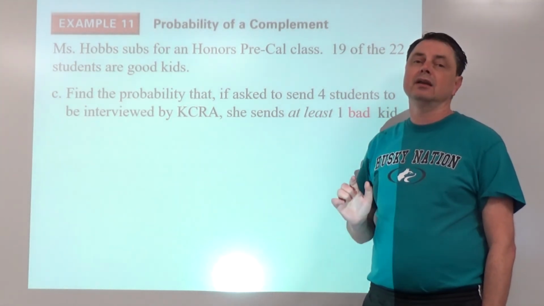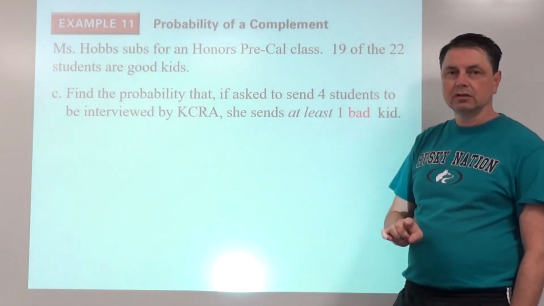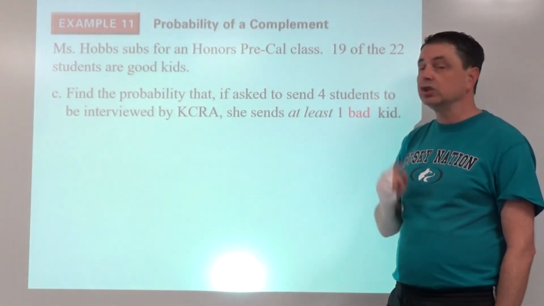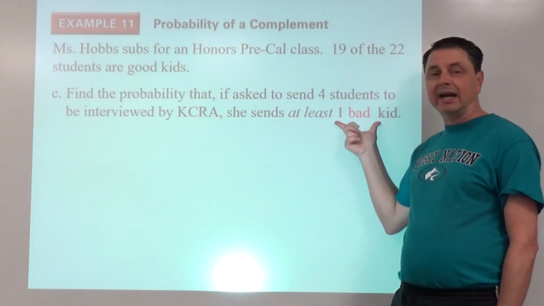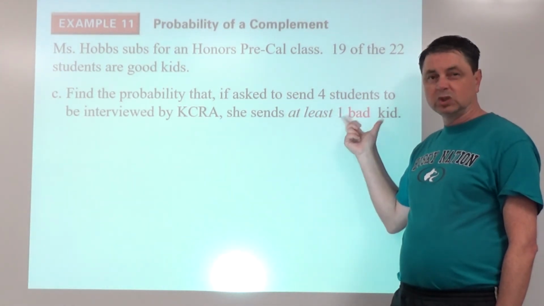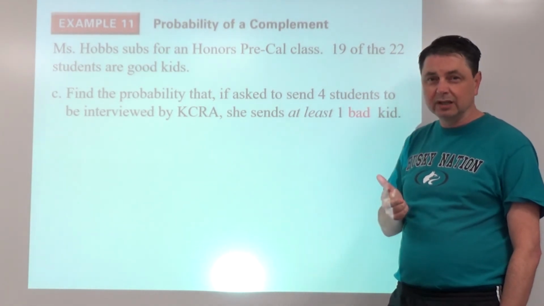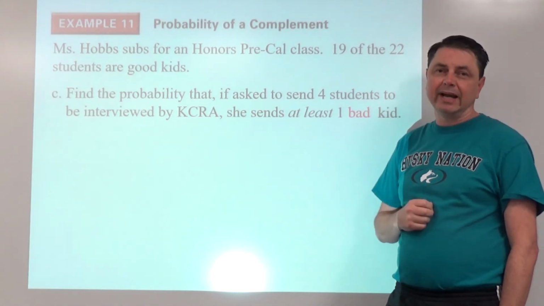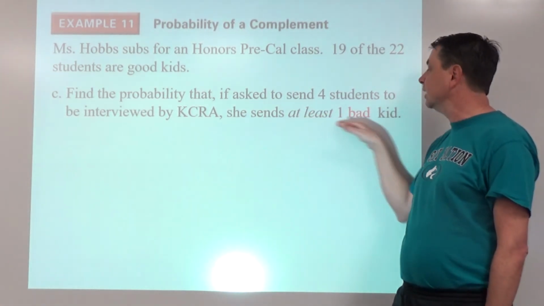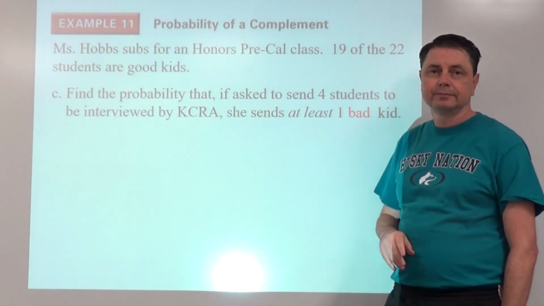We could do that. But it might be faster and more efficient to use the complement. What's the complement to at least 1 bad kid? So not 1, not 2, not 3. How many bad kids? 0 bad kids is the complement to this situation.